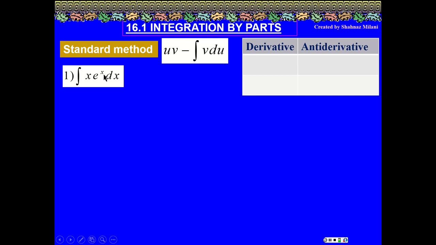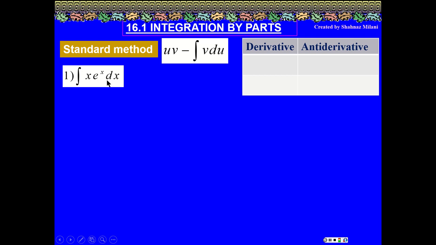You can say u is equal to 2x or u is equal to x to the exponent 2, but you cannot say u to the exponent 1 is equal to x to the exponent 1. That means by looking at this problem, u substitution does not work. I have to go by integration by parts.